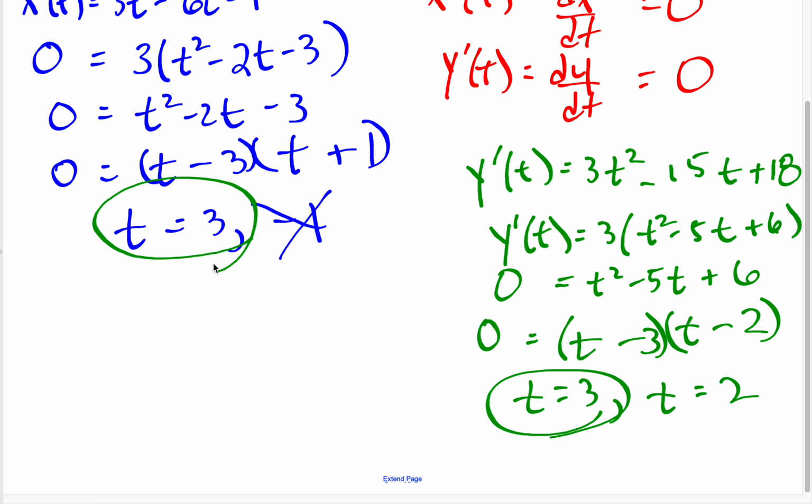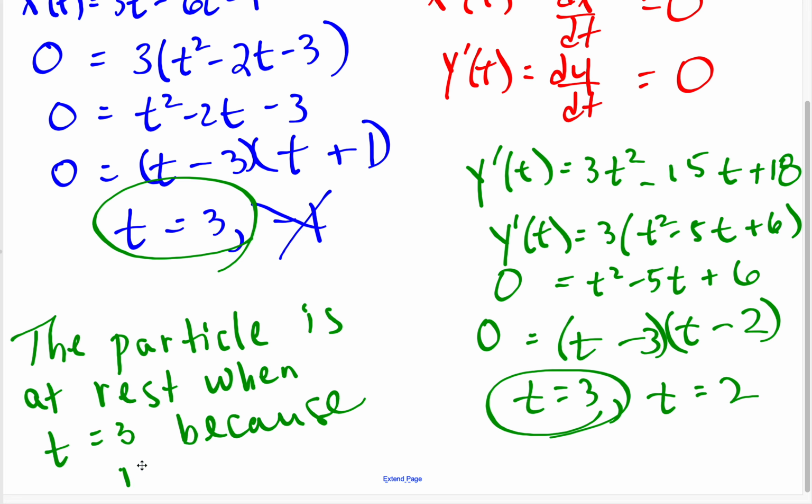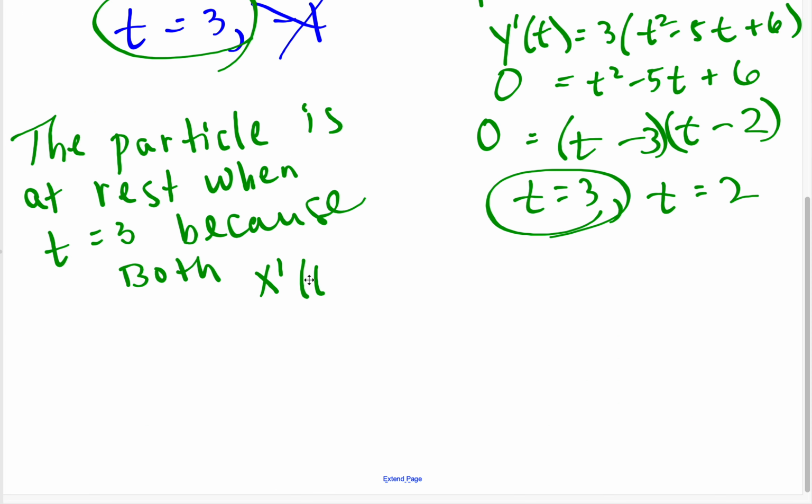So the particle is at rest when t is equal to 3 because both x prime of t and y prime of t are equal to 0.